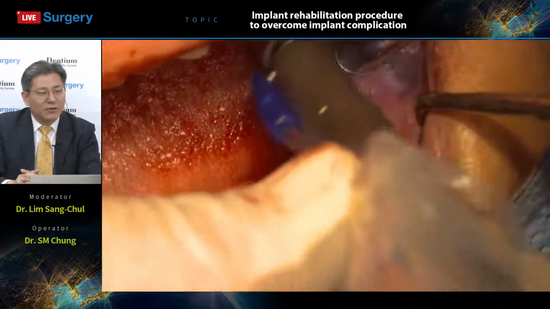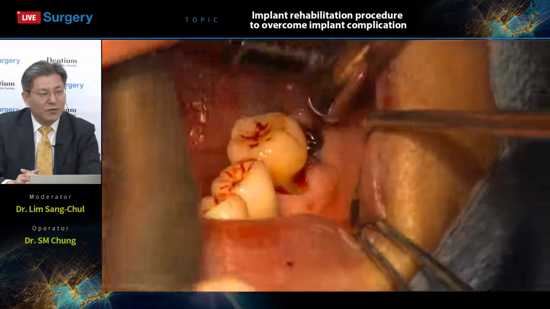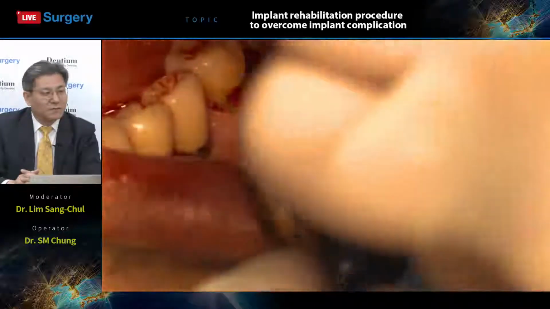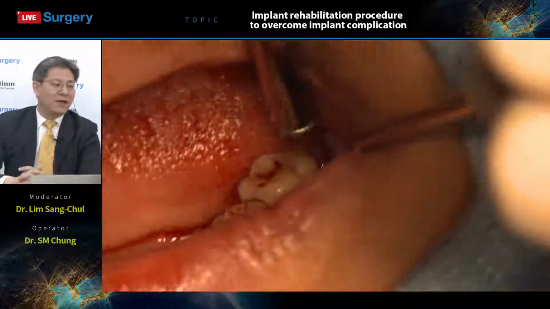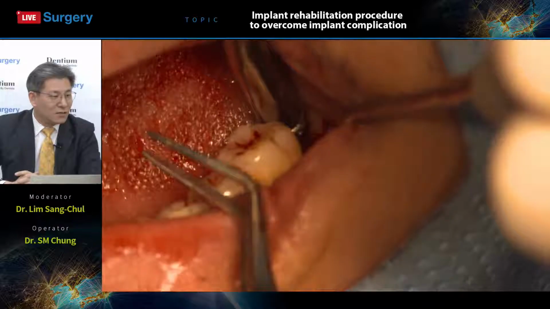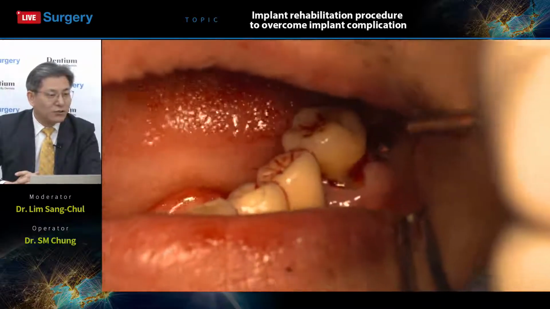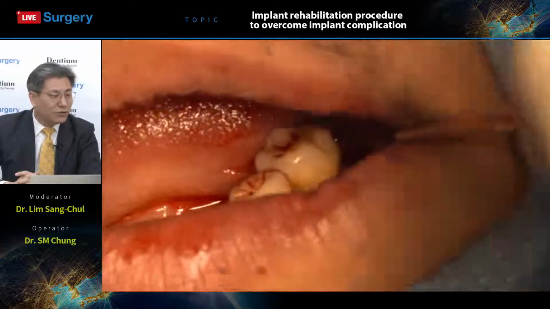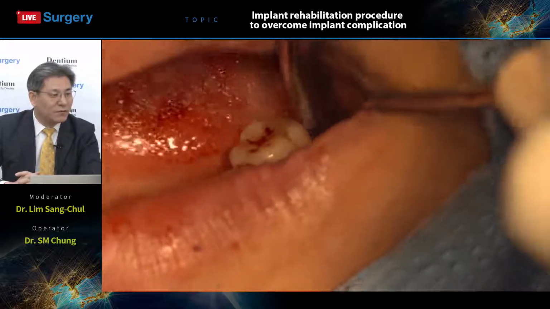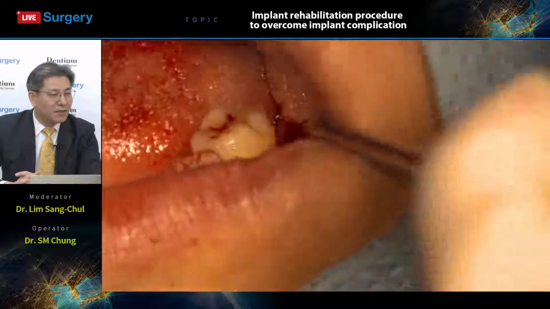The upper bone area should be removed. I think Dr. Zhang should use an elevator for removing this failed implant.